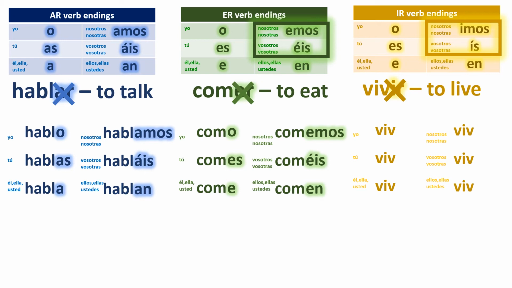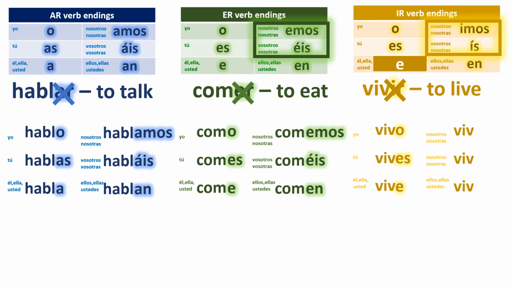We can apply this to all forms of vivir to begin our conjugations. The present tense yo ending for IR verbs is o. So I live is vivo. You in the informal, tú, is vives. The él, ella, usted, or the he, she, or you formal conjugation is vive.